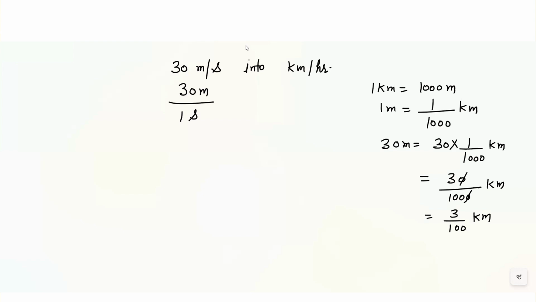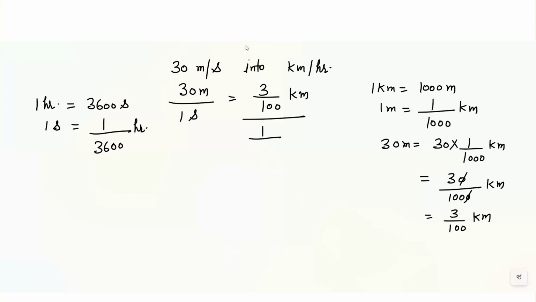Now let's find out for 1 hour is equals to 3600 seconds. 1 second will be equals to 1 over 3600 hours. Now we will substitute the value in place of 30 meter. We'll write down 3 over 100 kilometer. In place of this, we'll write down 1 over 3600 hour.